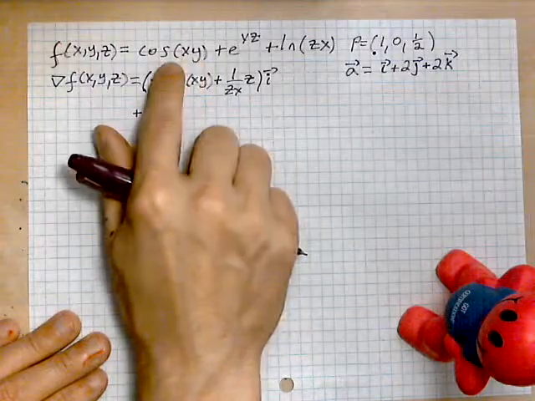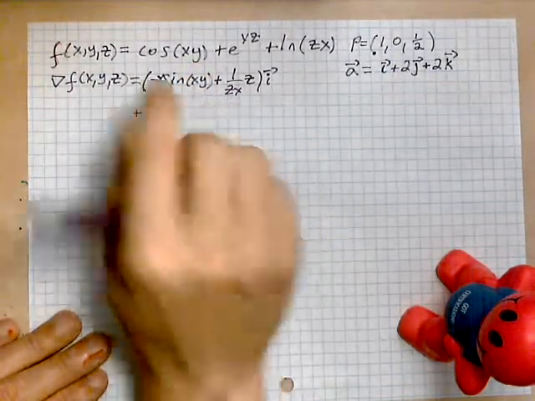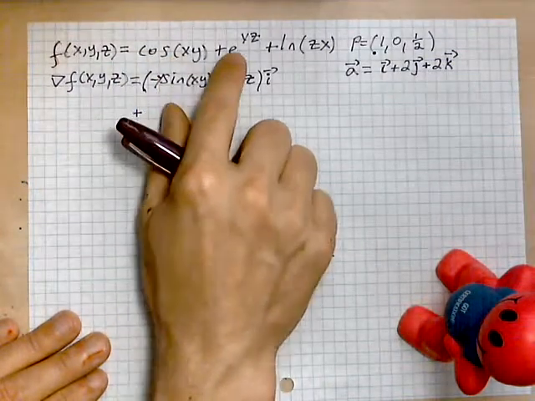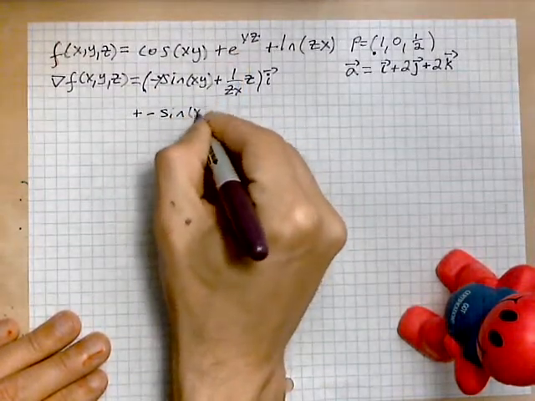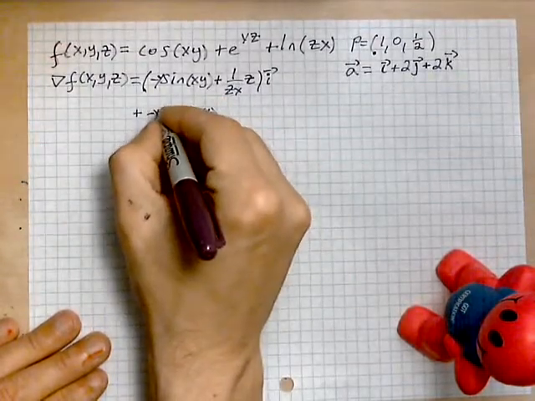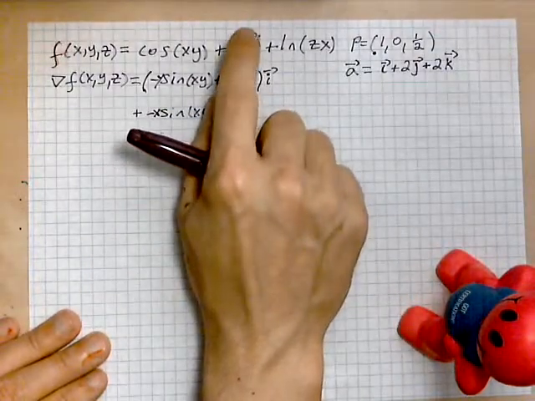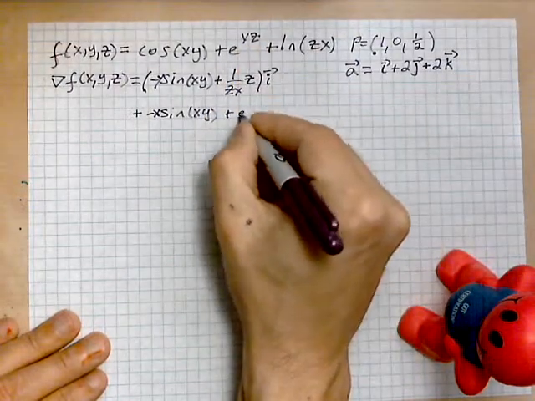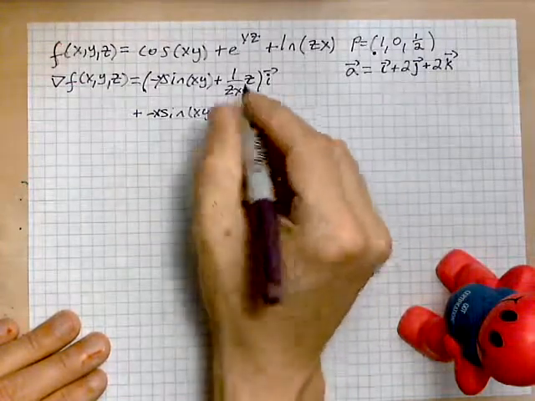Add to this the derivative with respect to y. Same principle: you've got to use the chain rule here and then here. You have negative sine of xy, and when you differentiate the inner portion, all that remains is x. Then differentiate e to the yz with respect to y by the chain rule, and when the y differentiates away, all that remains is z.